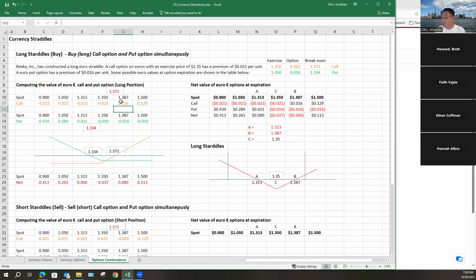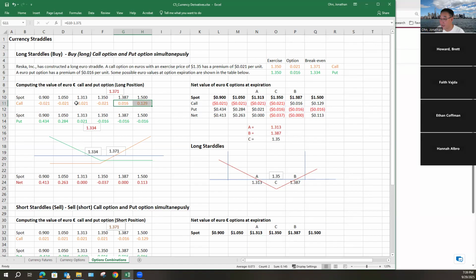That is your net profit. But if you are out of the money, you just pay your option price.